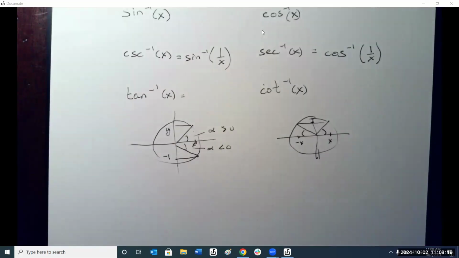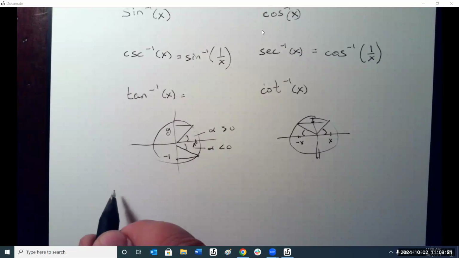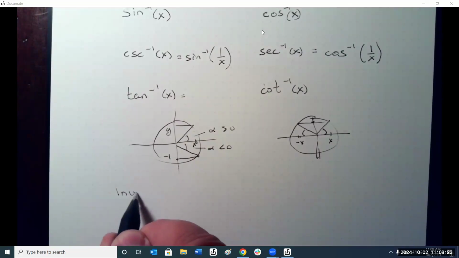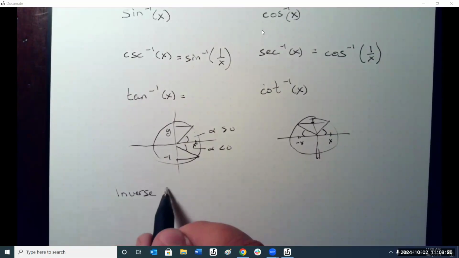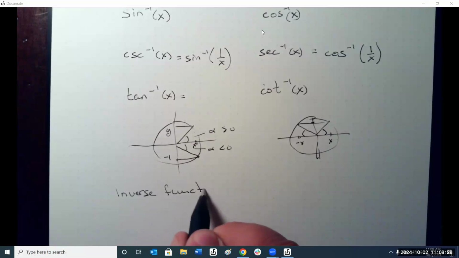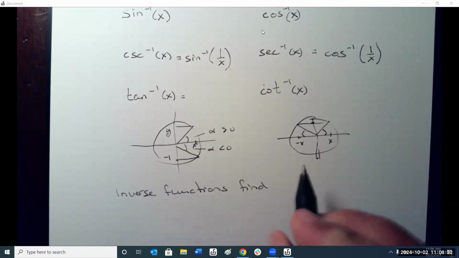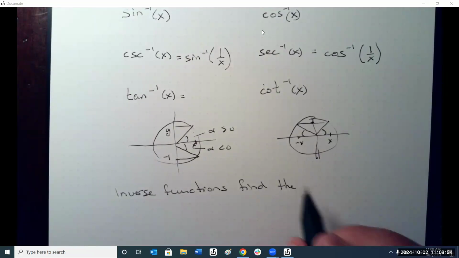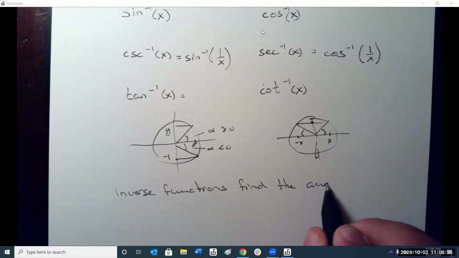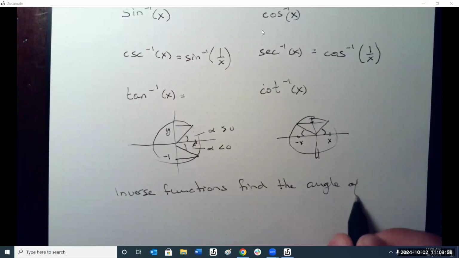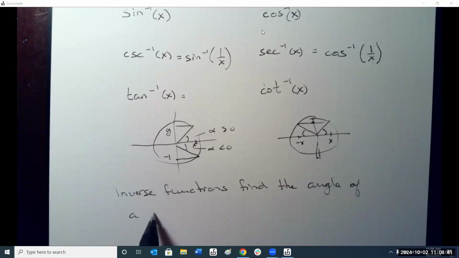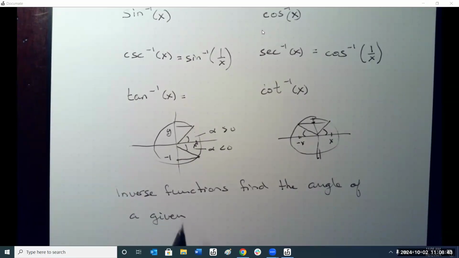That's traditionally. Now, remember how inverses work. Inverse functions find the angle of a given value.